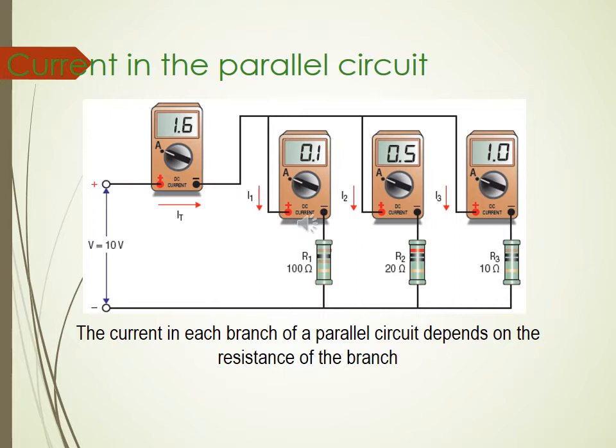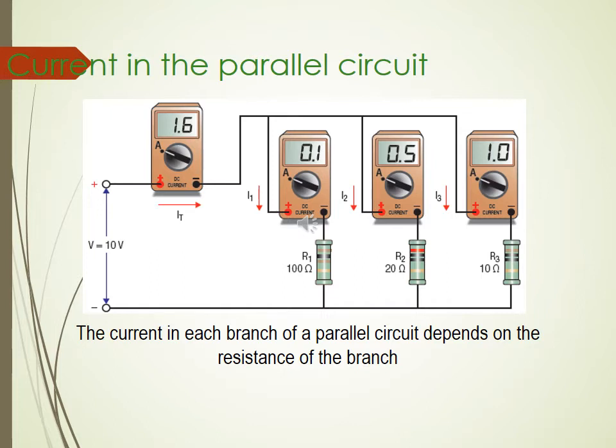So you can see that the current flowing through the 10 ohm resistor, for instance, is 1 amp, and the current flowing through a 20 ohm load is 0.5 of an amp, and the current through the 100 ohm resistor is 0.1 of an amp. So therefore the total current flowing in the circuit from the 10-volt supply must be the addition of the branch currents.